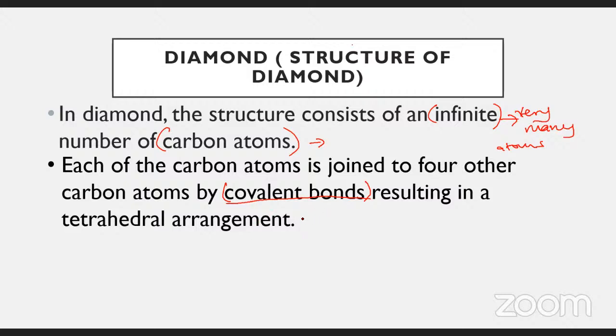So basically, a covalent bond is the bond formed between 2 or more nanometers.